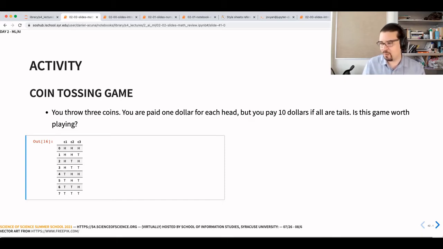Yes, that's a good point. I guess you are playing this game, so you're paid $1 and you have to pay $10 to the other person.